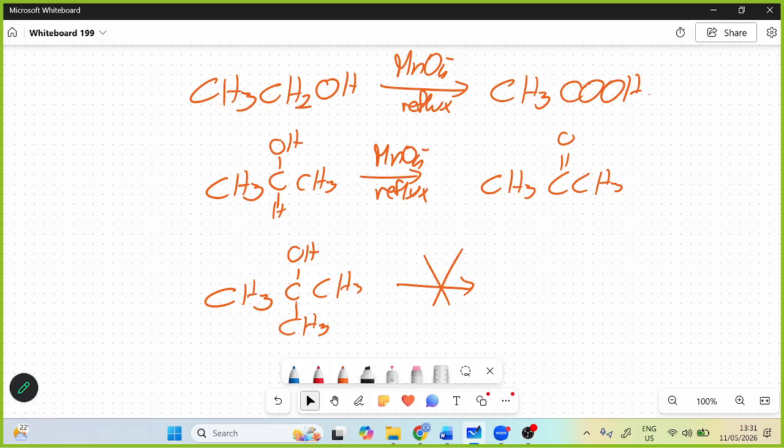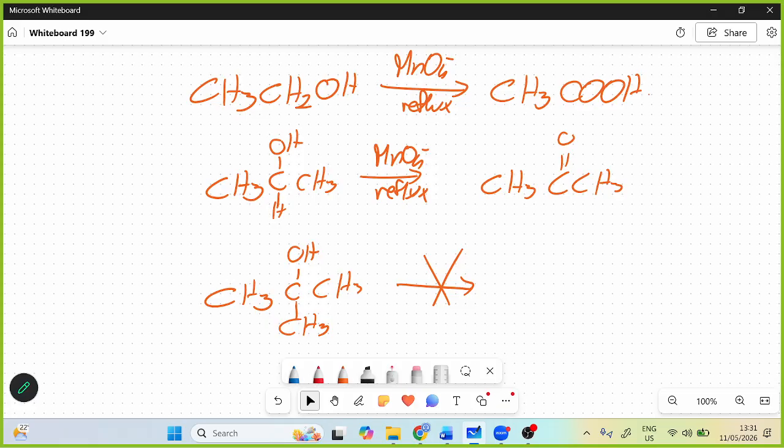That cannot be oxidized, okay? 2-methyl propan-2-ol cannot be oxidized simply because it is a tertiary alcohol, and tertiary alcohols cannot be oxidized.